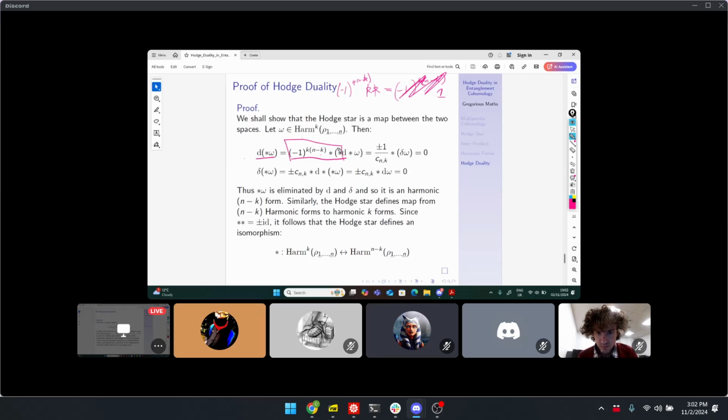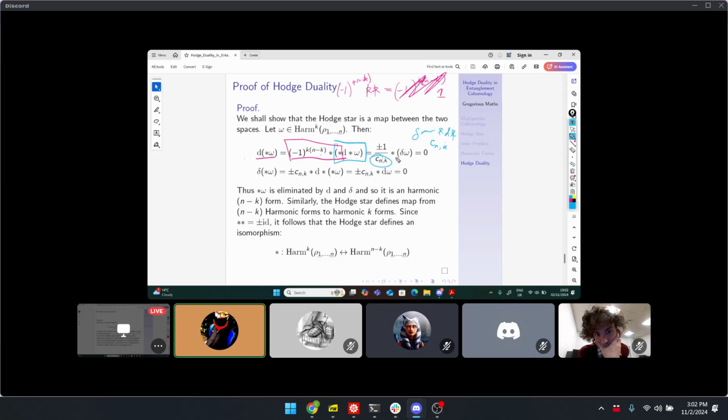However, this part here, I'm going to use a different color now. This blue thing here, well, remember that delta was proportional to star d star up to a sign and these coefficients c and k. That's what these c and k are doing here. They're the coefficients that we defined a few slides ago. Oh no, we didn't define them, but I stated that they exist basically.